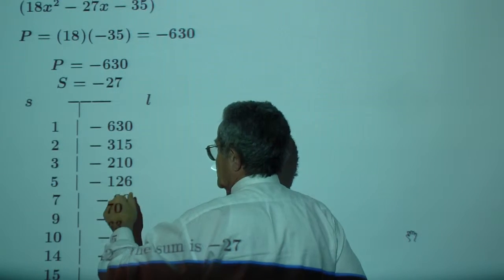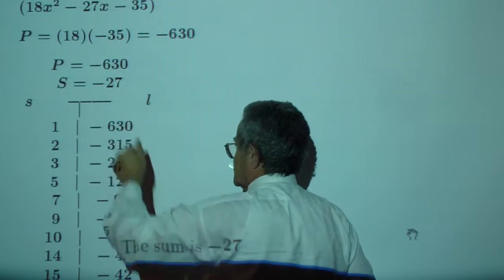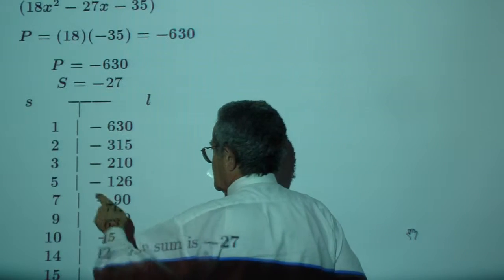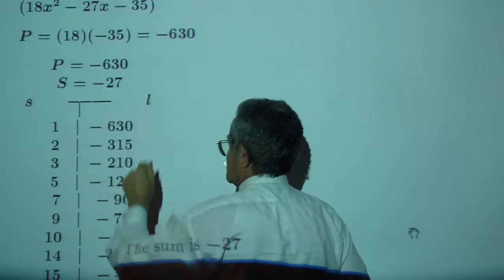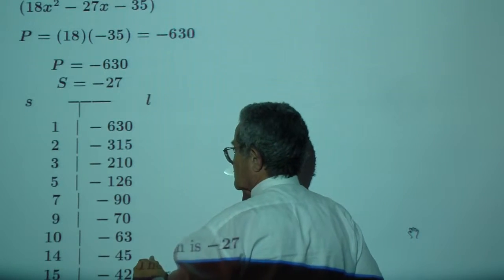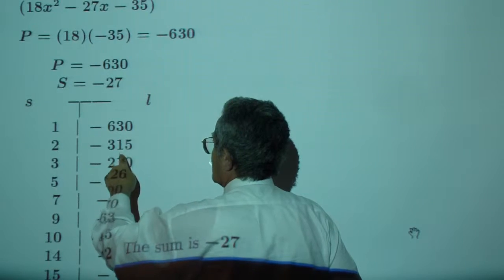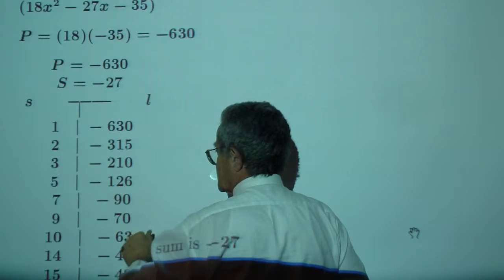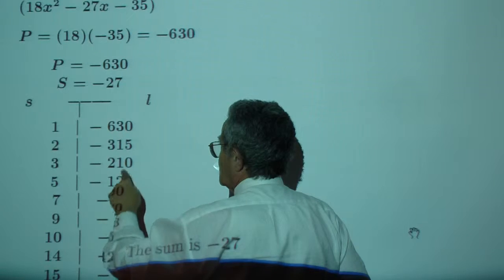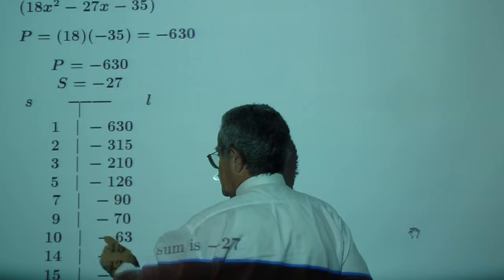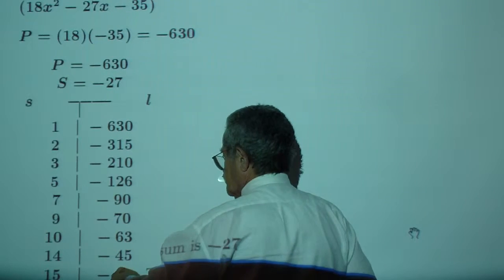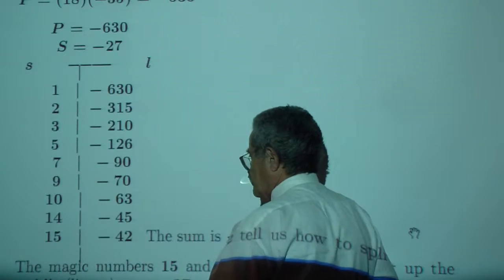Okay, I should have a 6 in here, but the sum doesn't work out. So 7, I tried 7. I know 7 goes into 63 9 times. 8 does not go because 4 doesn't go. 9 goes because if I divide 210 by 3, I get 70. 10 goes, and so on. 15.